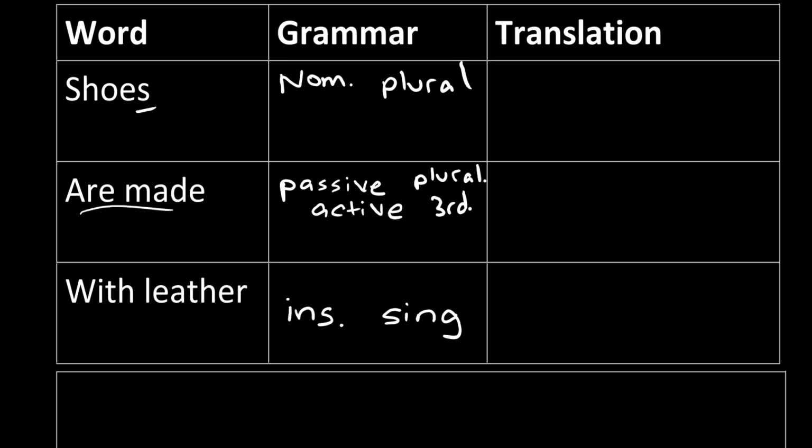The Sanskrit word for shoe is upanah. According to sandhi, this ha is going to turn into a t, according to the consonant sandhi, so this is going to be upanat.